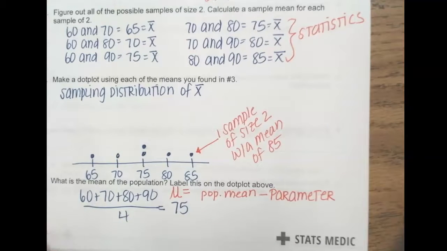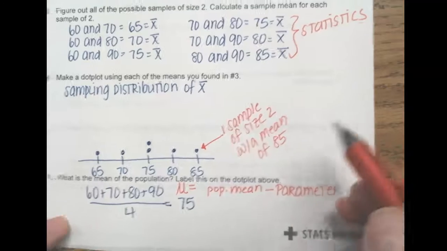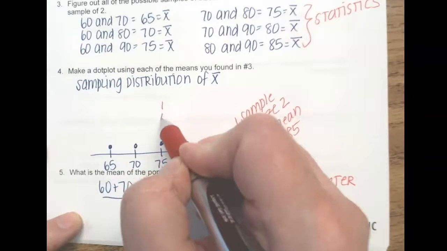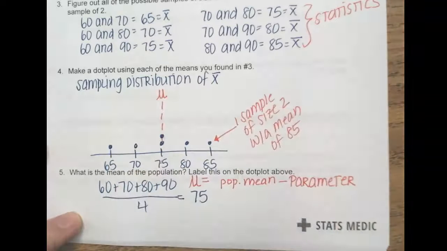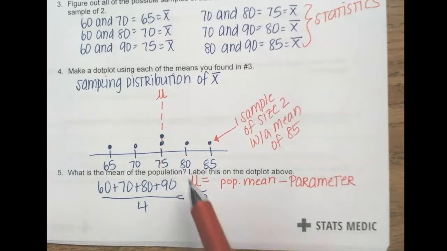All right, so we got a population mean of 75. So that's right here. Here's my population mean. Well, it also is the mean of my distribution. The distribution mean is also 75.